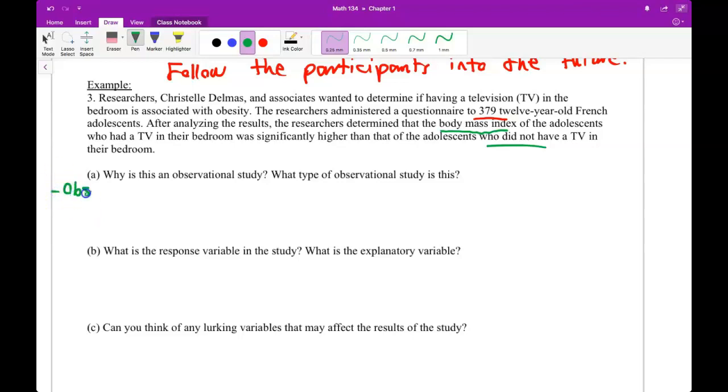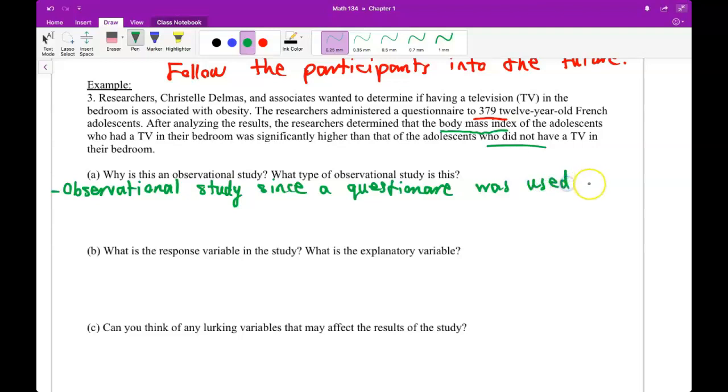Writing the reason for that. So this was an observational study since a questionnaire was used only and no treatment.